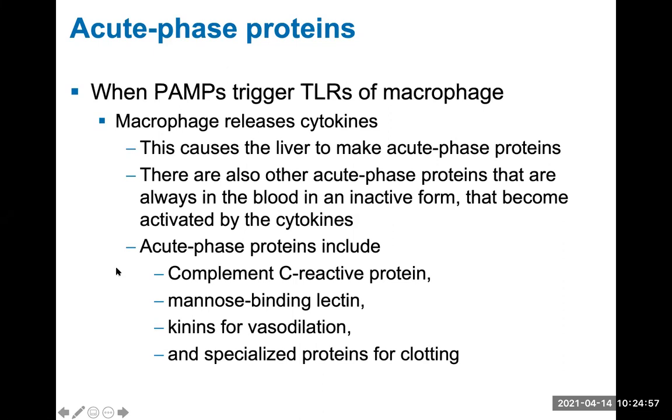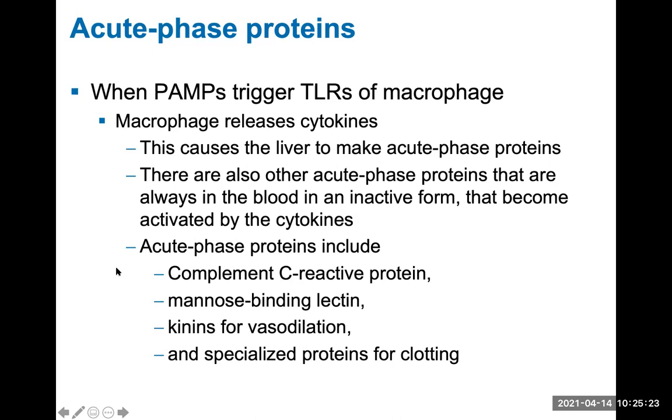There's mannose binding lectin that's always in circulation to detect mannose. Mannose is found on many bacteria. We also have kinins, which is a type of cytokine for vasodilation, but it's an acute phase protein.